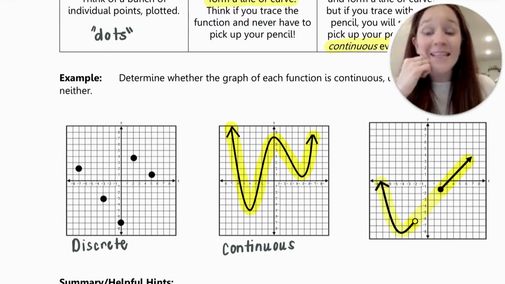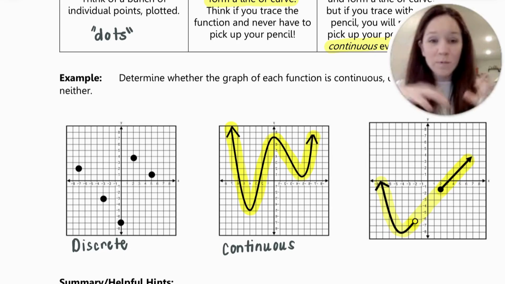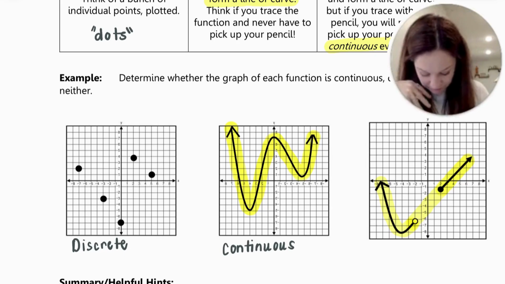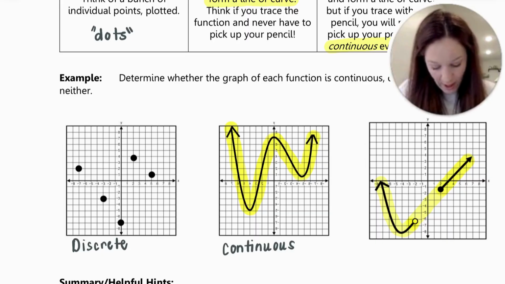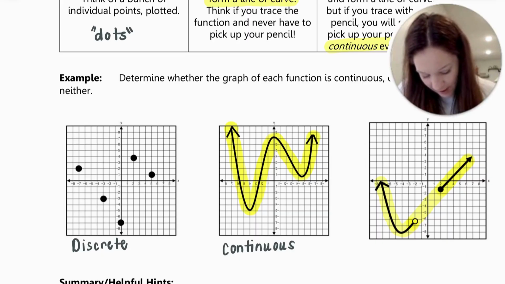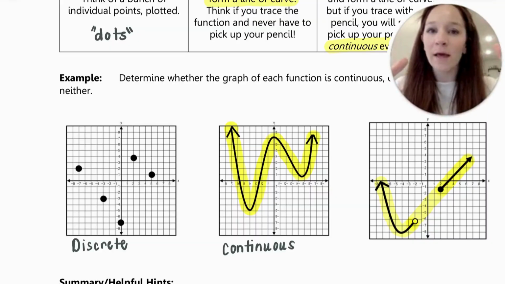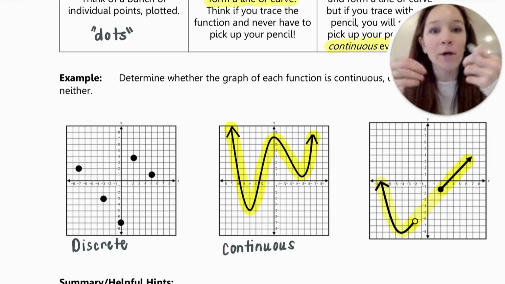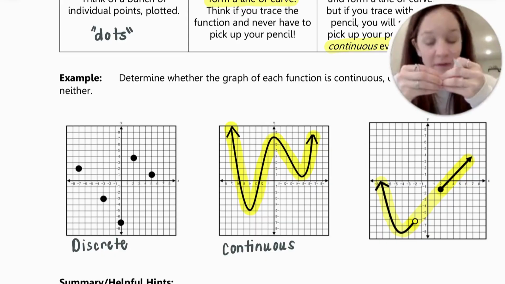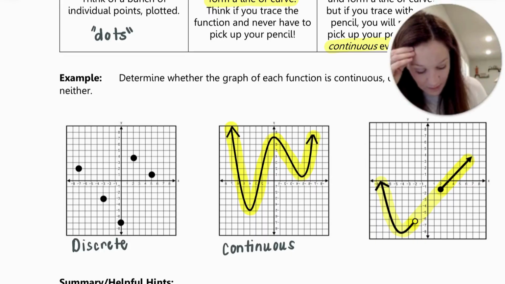And last but not least, looking at that third one, this is where you see that combination. Here you're thinking, okay, I never have to pick up my pencil for that curve. Great. But I didn't highlight that entire graph. I only highlighted a piece of it. Now to get to the next piece, I have to pick up my pencil to get my highlighter.